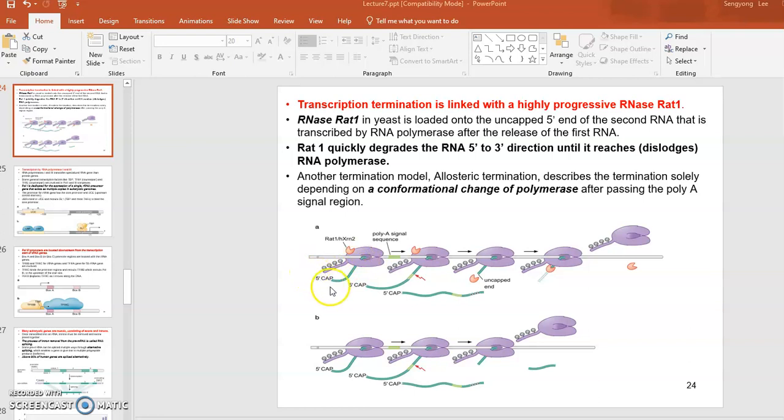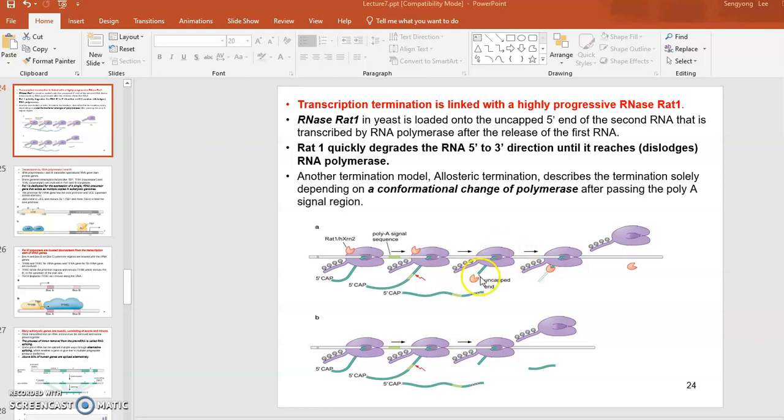But as soon as your transcription is done, the poly-A signal area is transcribed, and the full transcript is dissociated, right? But your RNA polymerase may not know that happened, so it may pass that area and start transcription of another part, another gene after that position. Then a new transcript may be coming out.